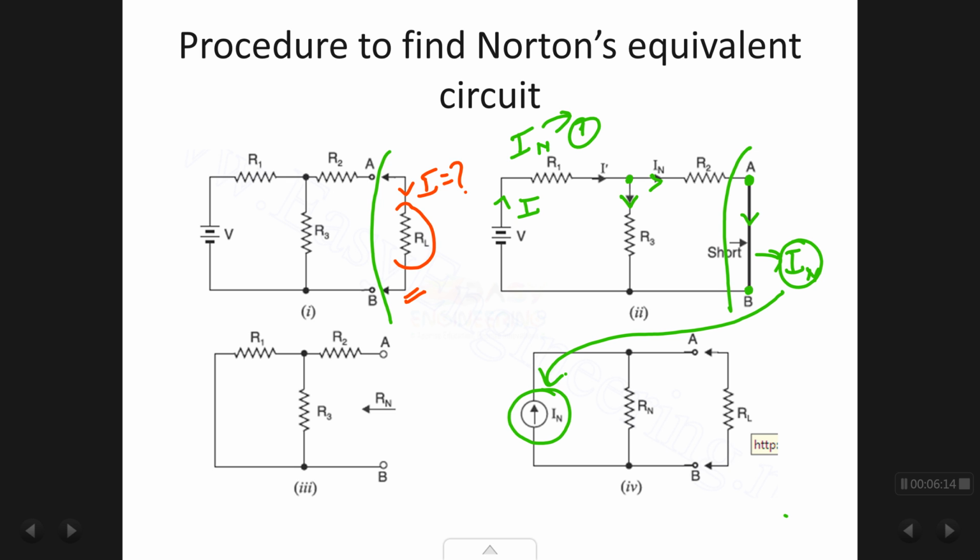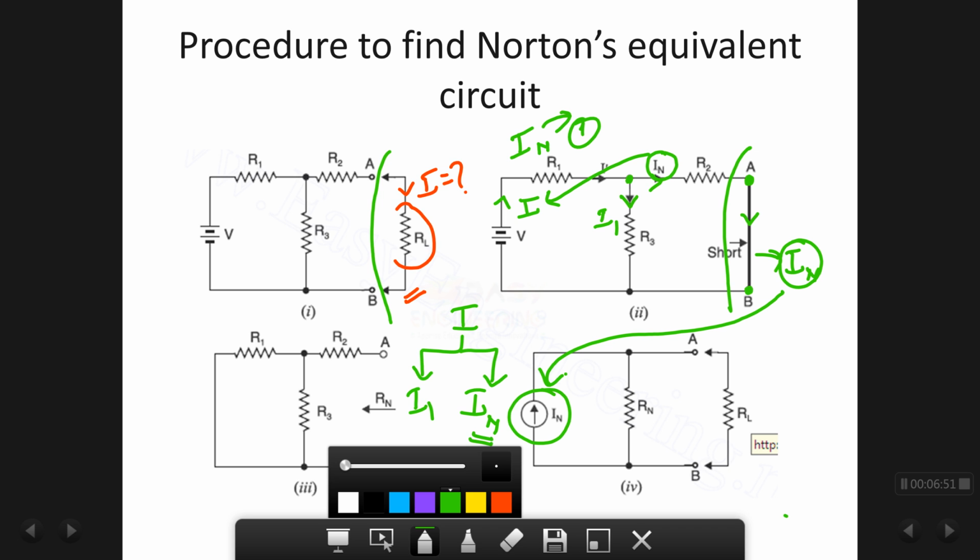To find IN, you will have to know the current I, because the current I divides into two parts. One flowing through R3, let me call it I1, and the one flowing through R2 is IN. You have to calculate this value of current in R2, which is IN, and this IN is a part of my main current I. I can calculate IN using the current divider rule.